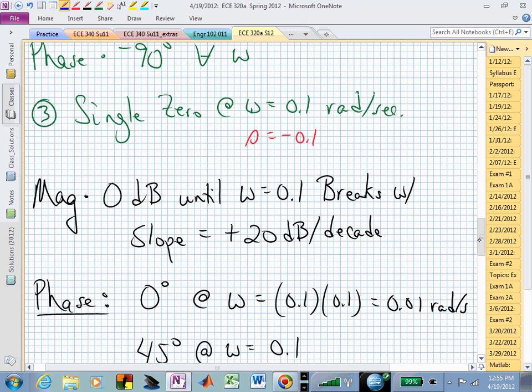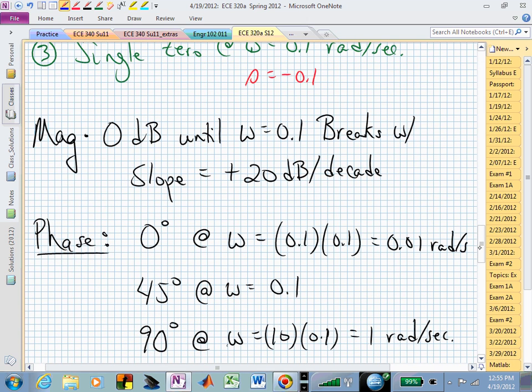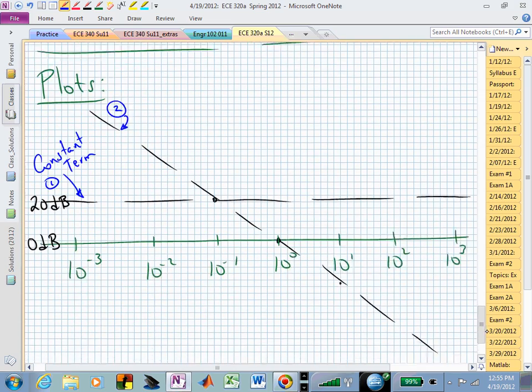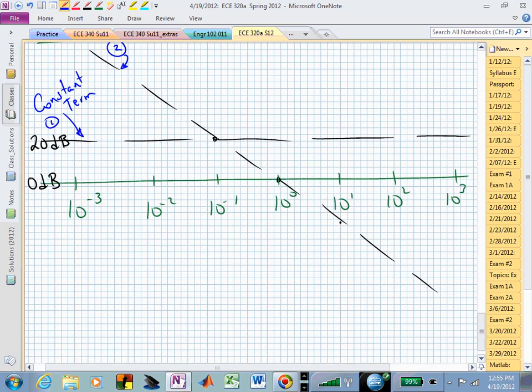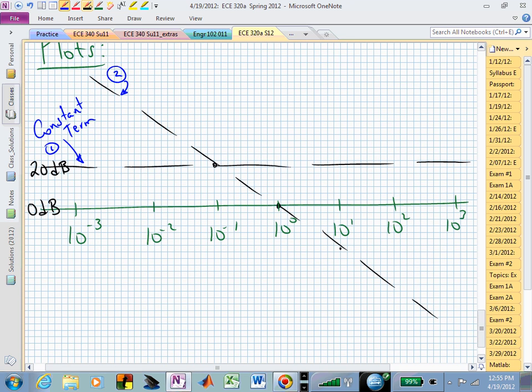Piece number 3, we are 0 dB until we hit omega equal to 0.1, and then we start sloping at 20 dB per decade, and we never have to shut that slope off. So now we need to find point 0.1 on our diagram, which is right here, and from that point on, we need to be going up at 20 dB per decade. So this is due to piece number 3.